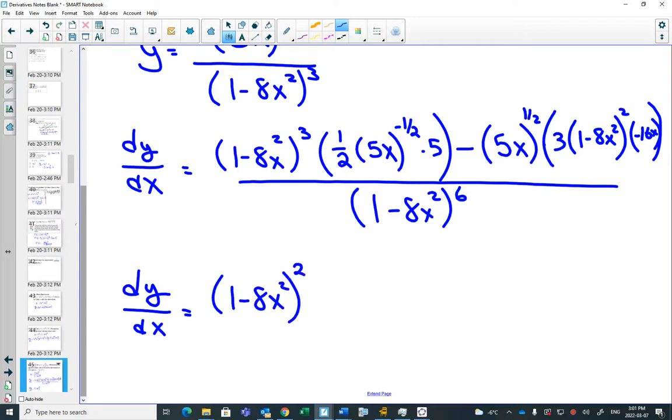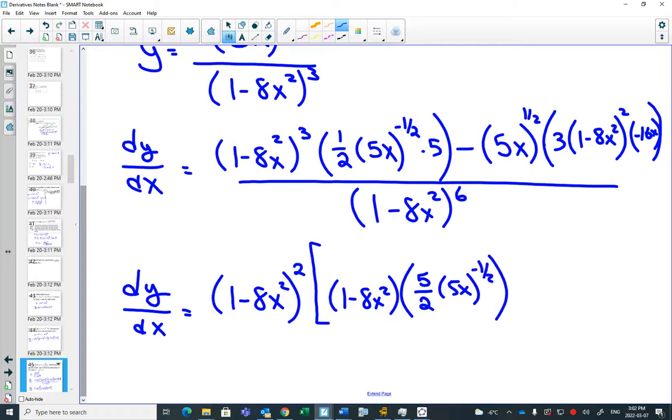You have it twice here, and you have it 3 times here. If I factor that out, what is left? Well, in my first term, I would still have a 1 minus 8x squared, because I've only factored out 2 of them. But I would still have my second term here, which if I wanted to simplify a little bit would be 5 halves 5x to the negative 1/2 minus, and if I go to my second term and say, what have I factored out?